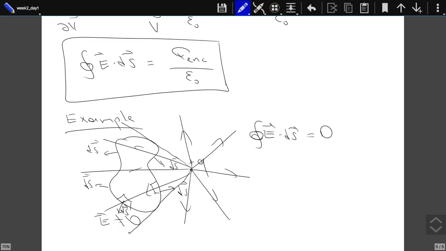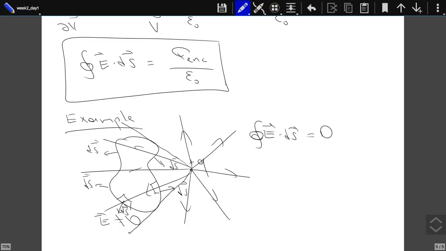Here, the electric field is stronger, but the surface area is smaller. Here, the electric field is smaller, but the area is larger. So the increase in the area compensates for the decrease in the electric field.